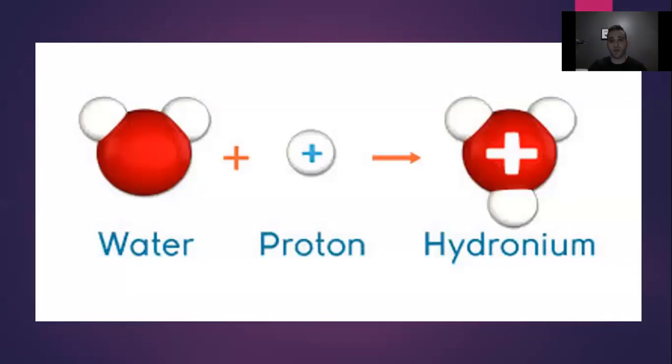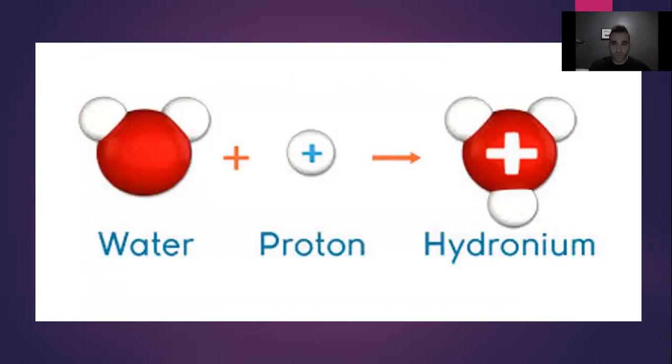So here's a picture. So you have the H2O molecule, okay? And we're going to add another hydrogen, add a proton to it. That hydrogen atom lost its electron, so now it's just a hydrogen proton, and it goes and finds a water molecule, and then it becomes a hydronium, and that's what a hydronium looks like.